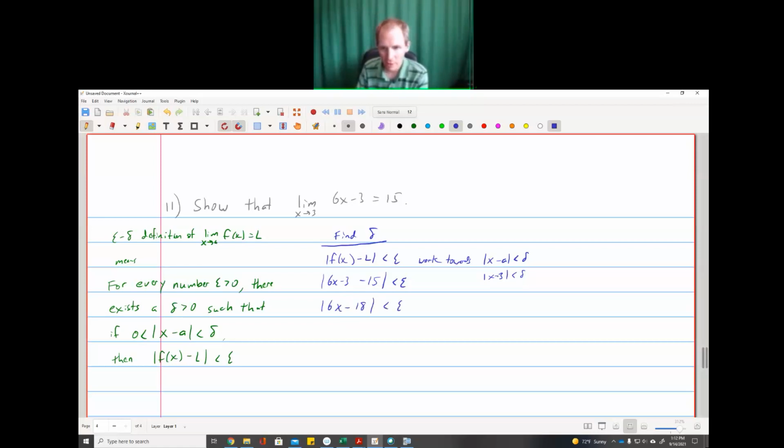Since I know my goal here is to end up with an x minus 3, I don't want a 6x, so let's factor a 6 out. And I can now see my x minus 3 in absolute values. Let's get that by itself by dividing by 6. So we have the absolute value of x minus 3 is less than epsilon over 6. So that's going to be our choice for delta.